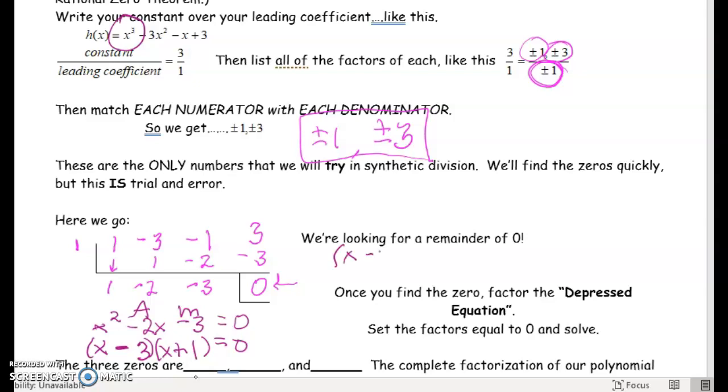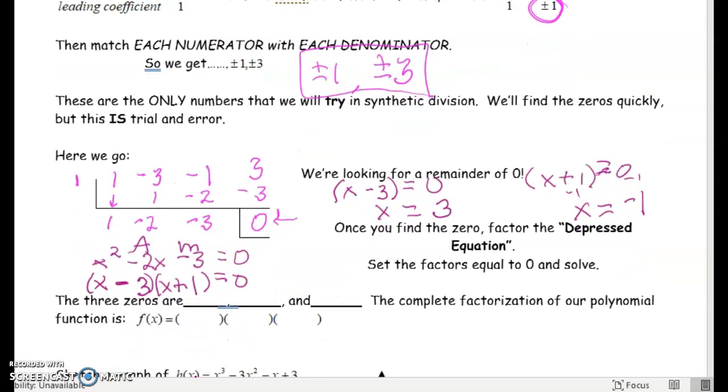X minus 3 is a factor, and x plus 1 is a factor. So to find the zeros, we set our factors equal to 0, and we solve for x. So here we would add 3 to both sides, so we get x equals 3. Here we would minus 1 from both sides, and we would get x equals -1.